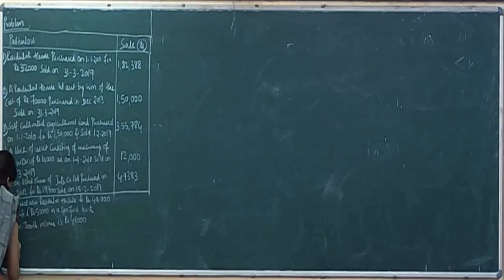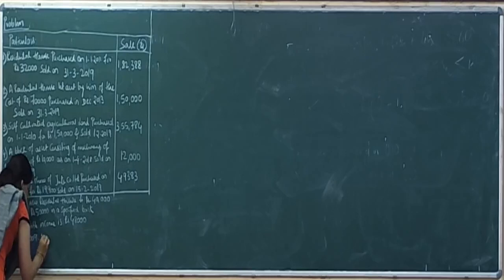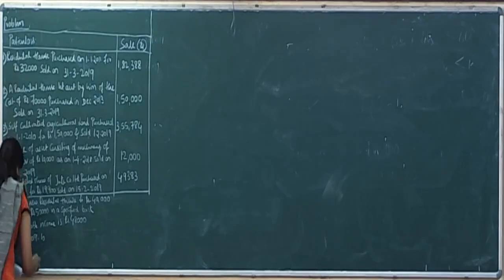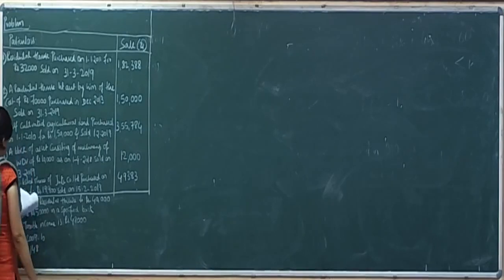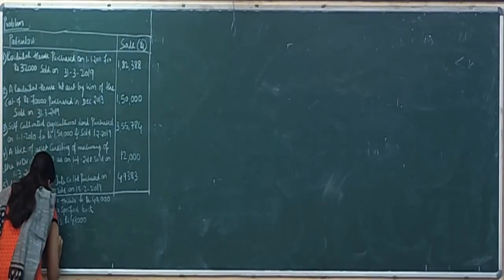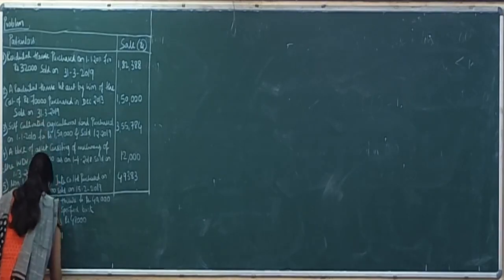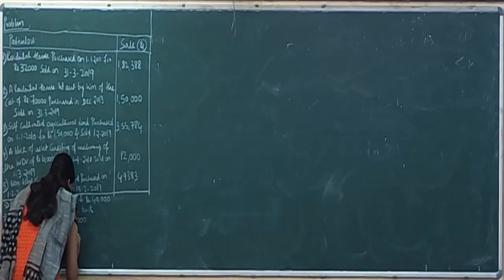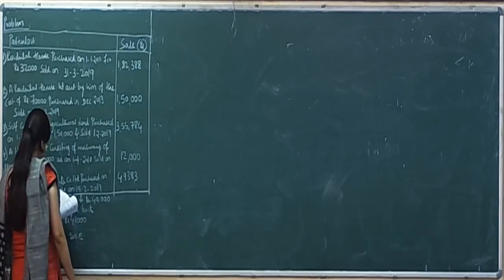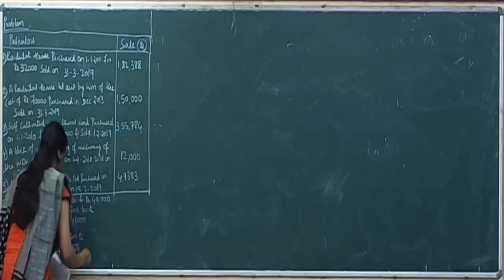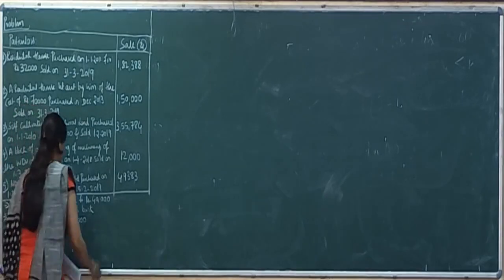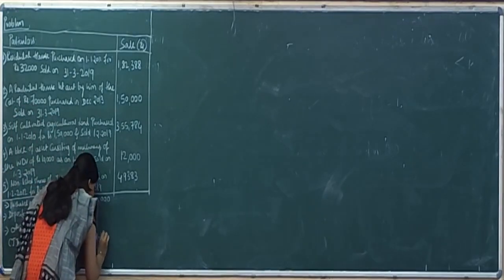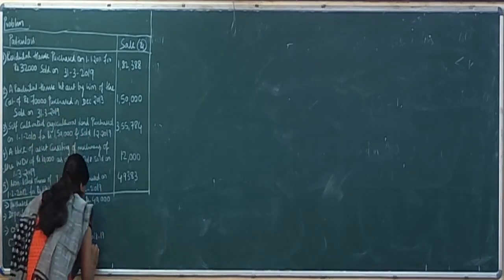CII: it is 160, for 2011-12 it is 184, and for 2018-19 it is 280.